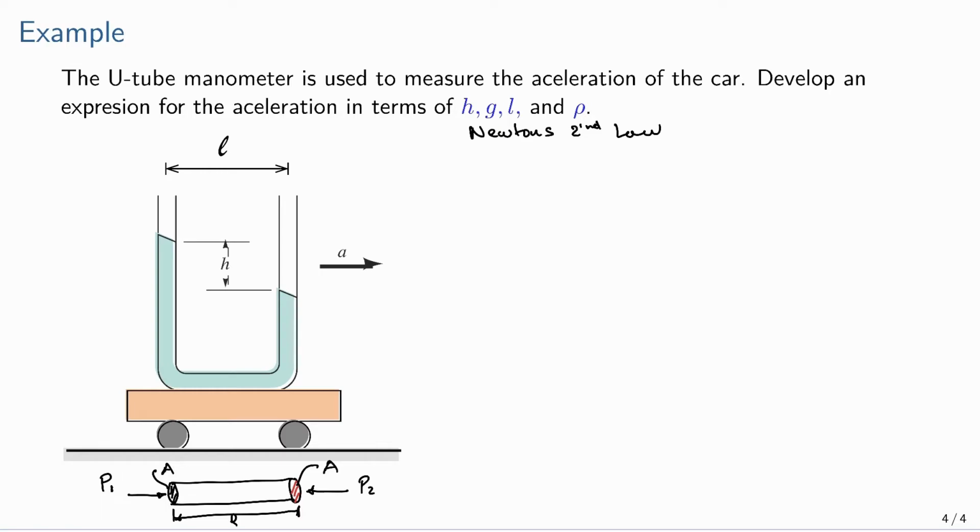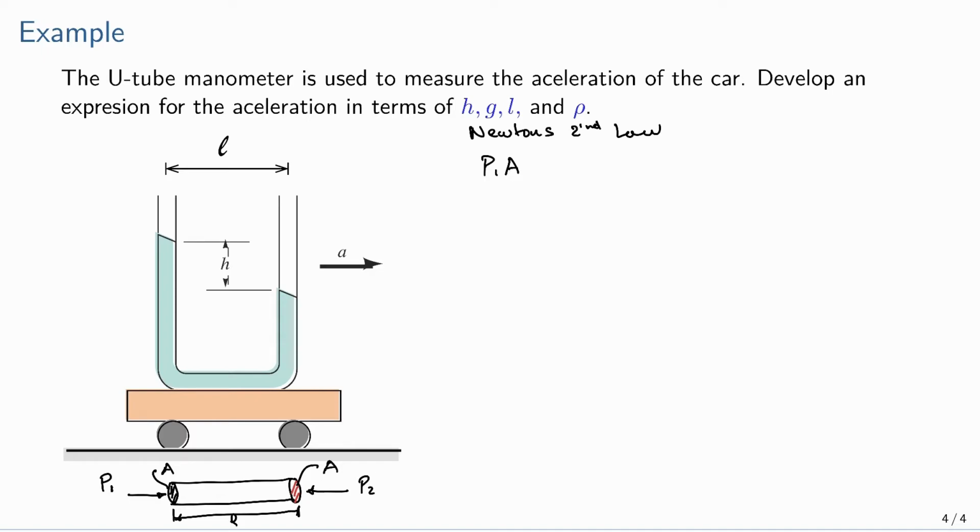to this manometer, we are going to have, okay, and why Newton's second law? Because the sum of the forces is equal to mass multiplied by the acceleration. The forces are the ones given by the pressure on the right and on the left. So on the left we have positive P1 multiplied by the area.